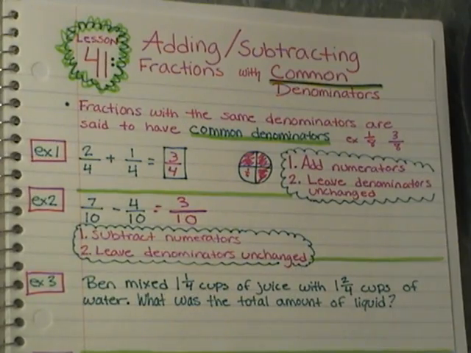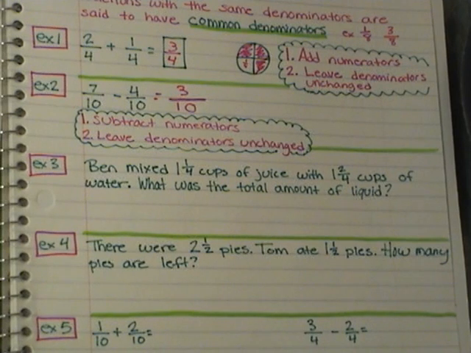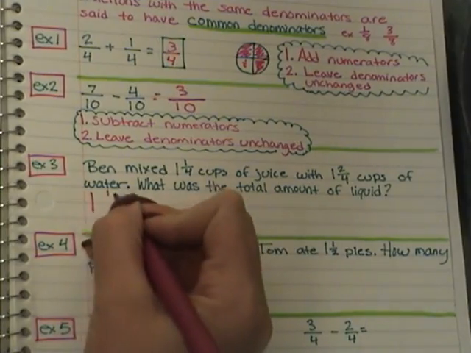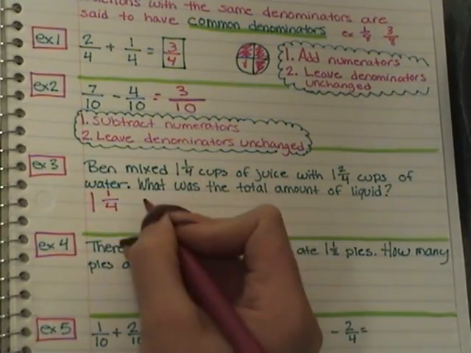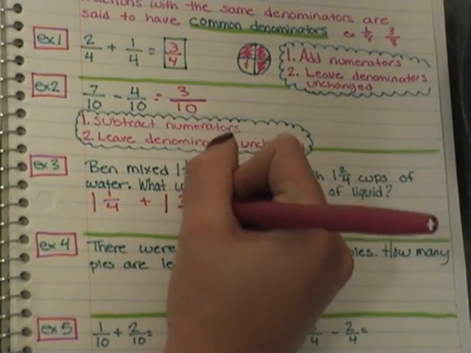All right, and so here's our next example. Ben mixed 1 and 1/4 cups of juice with 1 and 2/4 cups of water. What was the total amount of liquid that he had? Now we are doing some more adding, and my problem looks like this: 1 and 1/4 plus 1 and 2/4.